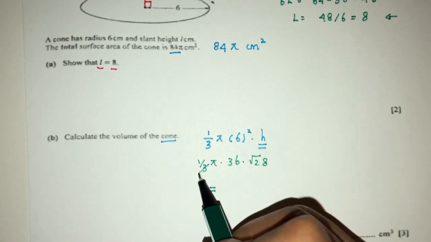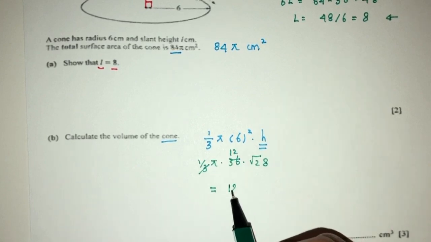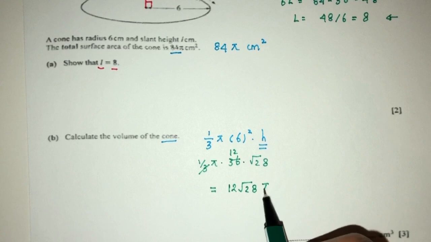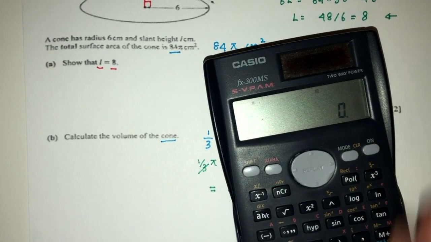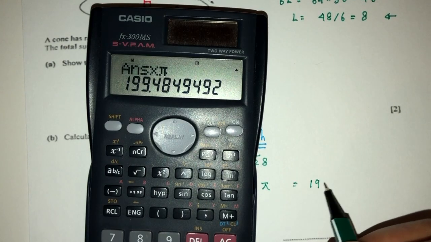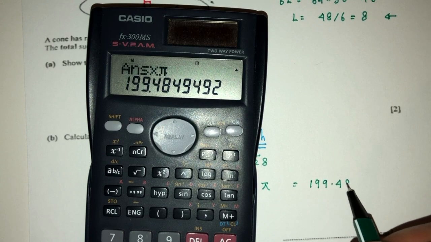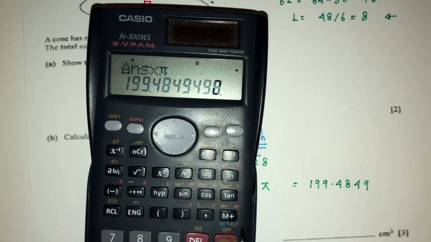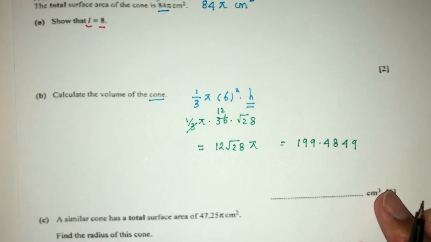Now we just have to solve, that should be 12 here, so 12 root 28 pi for the volume. Obviously you have to expand the values here, times pi, that should give you 199.4849.